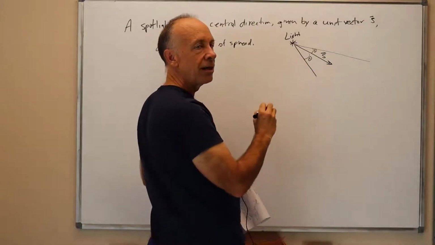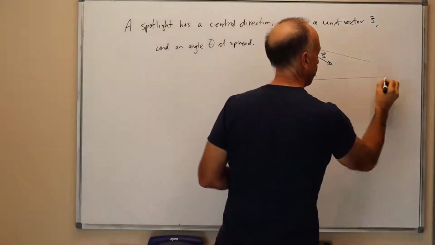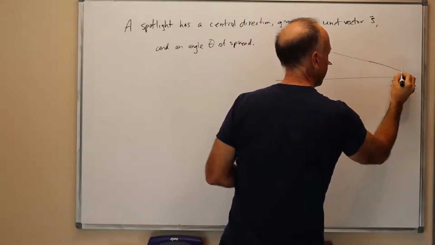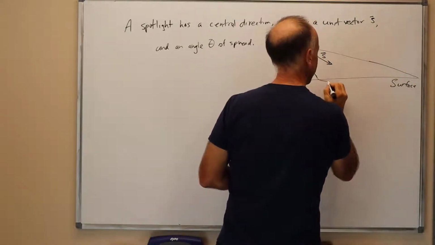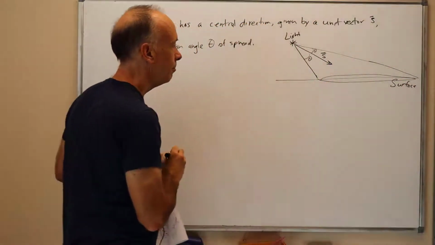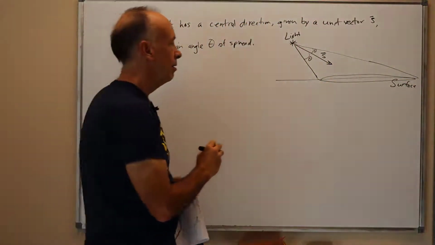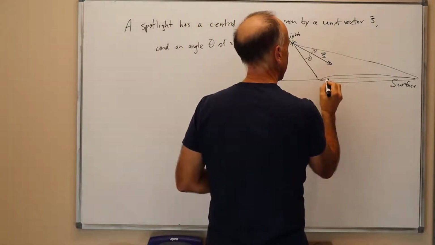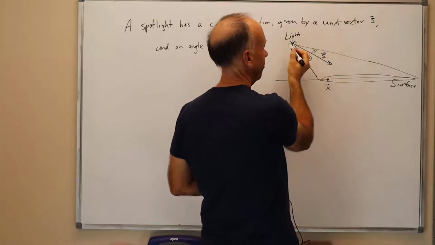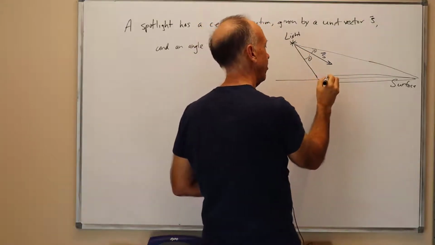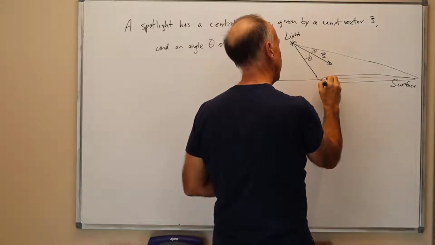We think of this shining onto a flat surface here, in which case the cone of light hits the surface and illuminates some elliptical region on the surface. If a point X is lying on the surface, inside the cone, it'll get some light from the light. If X is outside, it won't get any light from the spotlight, or at least not any diffuse or specular light.